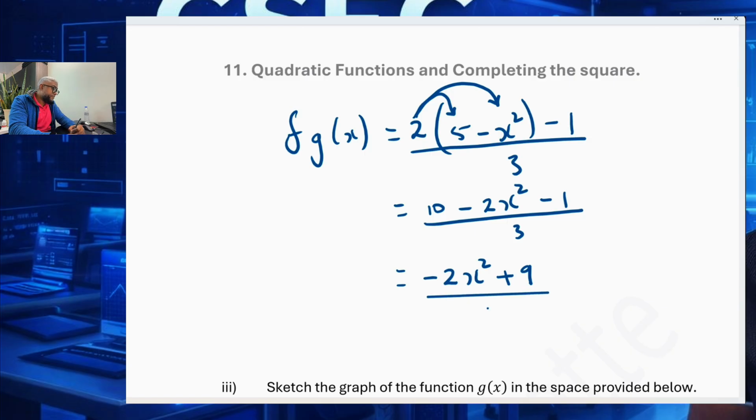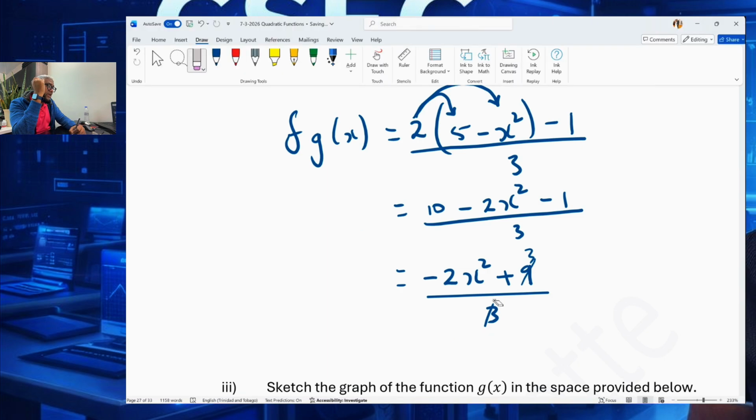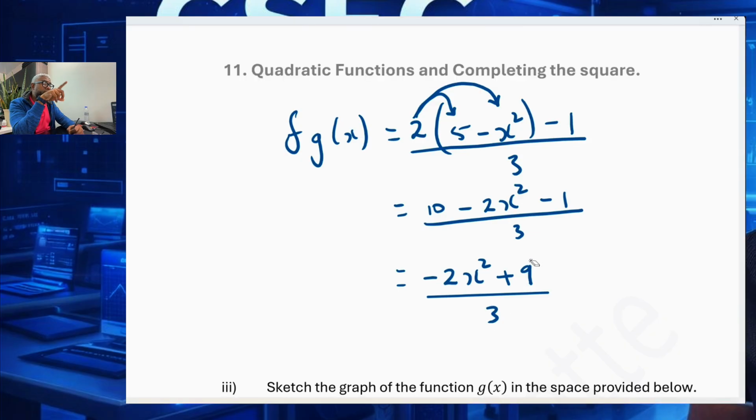All over 3. Now they said in its simplest form, we could actually write this simpler. Many people would say 3 into 9 is 3, and put the answer as negative 2x plus 3, which is a big mistake. This denominator of 3 must be divided into both terms above.